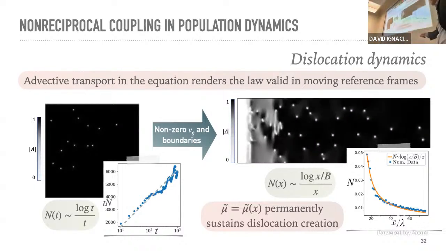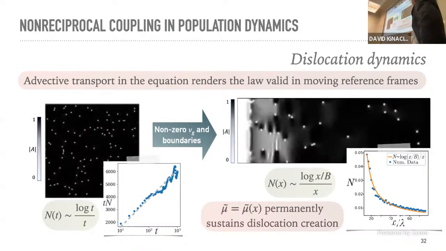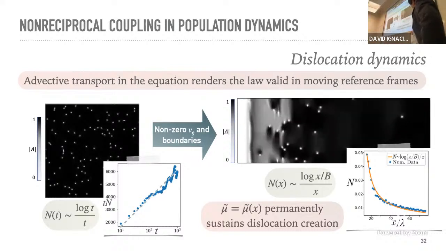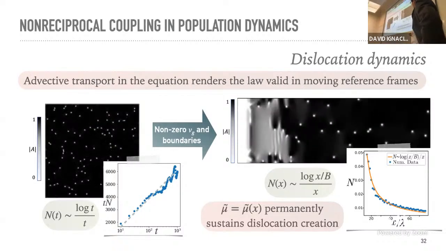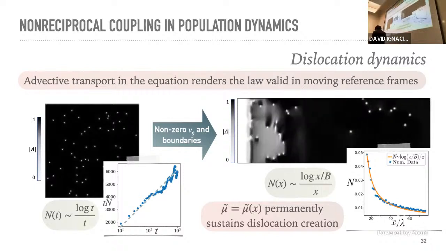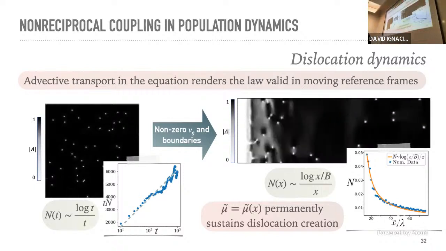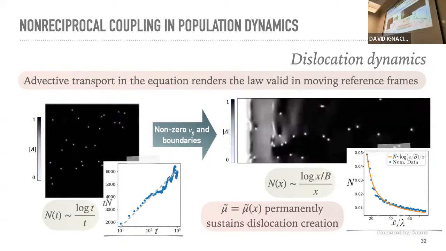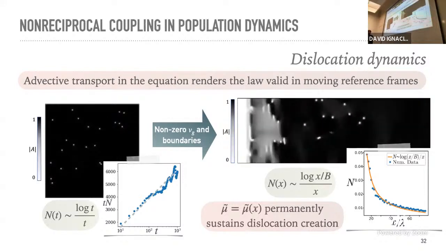This is what creates this coarsening law. So, as the boundary is permanently emitting these defects, we can interchange the role of time and space, because the boundary permanently sustains the creation of defects, and then downstream they are interacting, making this in the comoving reference frame.